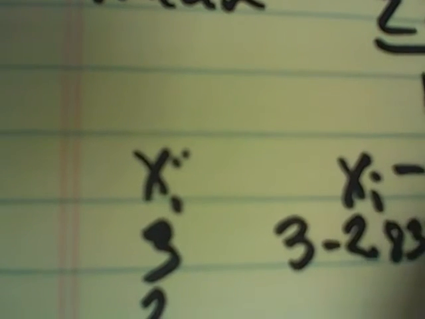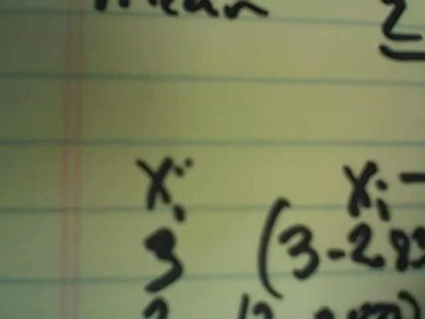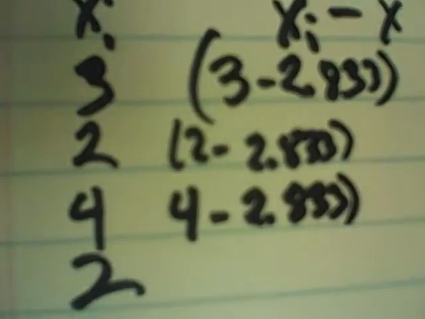So I'm going to take 3 minus 2.833, 2 minus 2.833, 4 minus 2.833, 2 minus 2.833, 6 minus 2.833, and 0 minus 2.833.